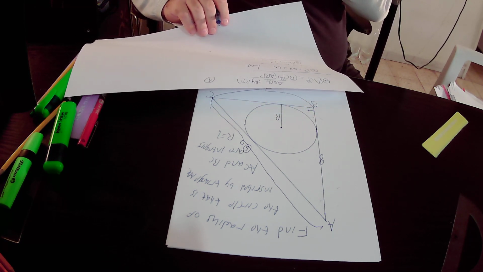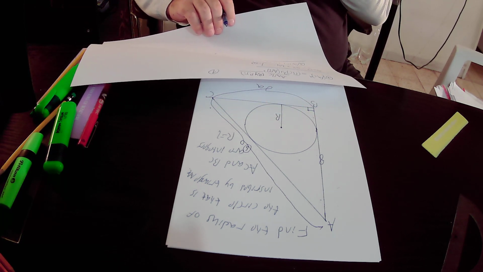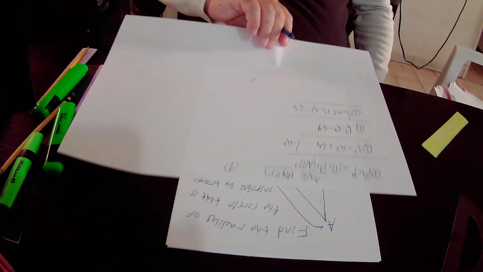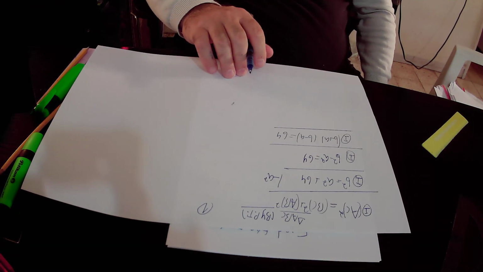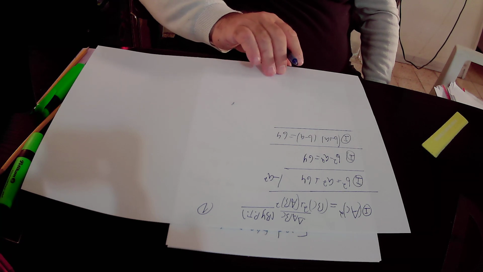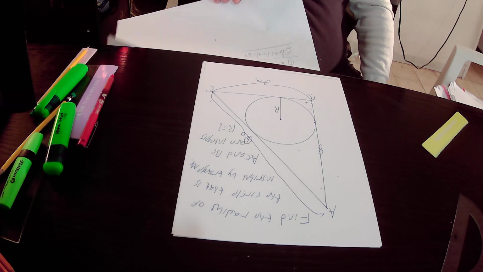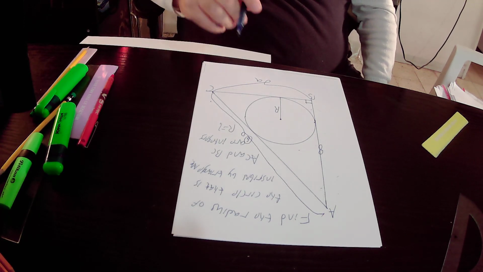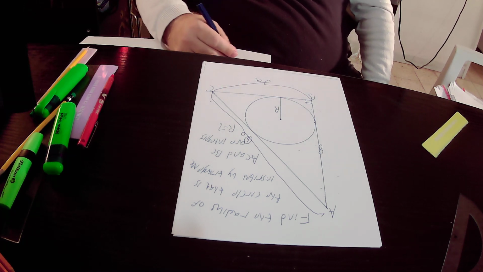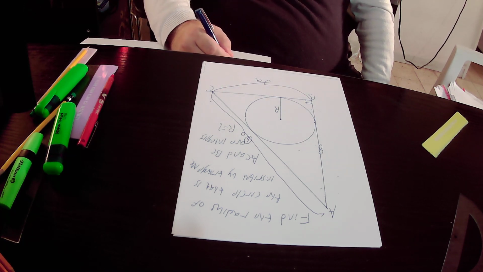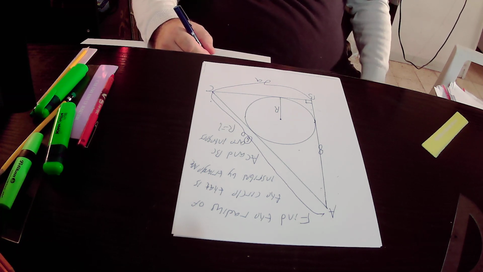So here we know that according to what is given in the question, AC and BC are integers.